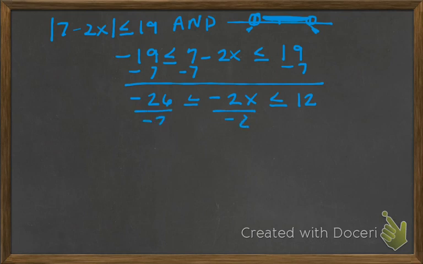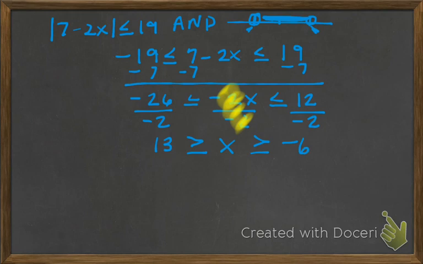Again, we want to do this to all 3 parts. Remember, when we divide by a negative, that right there is going to change things. We have to remember to flip the inequality sign. So that gives me 13 is greater than or equal to x is greater than or equal to negative 6.